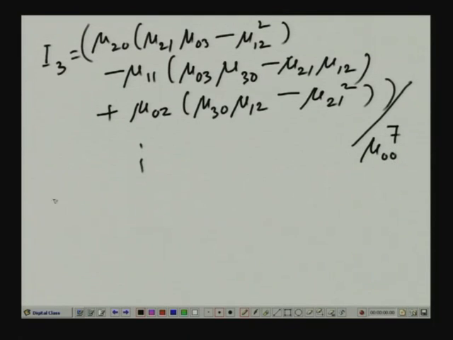Similarly there is another moment invariant, I 4, and that has a very big expression.